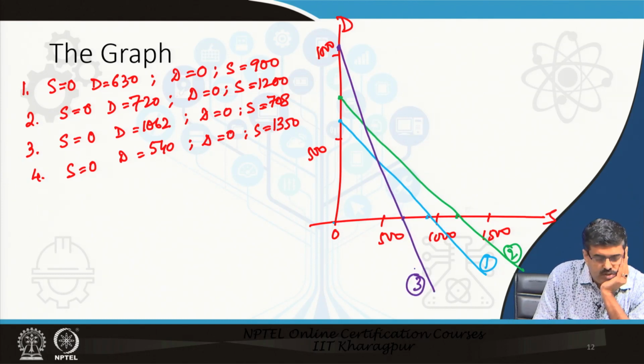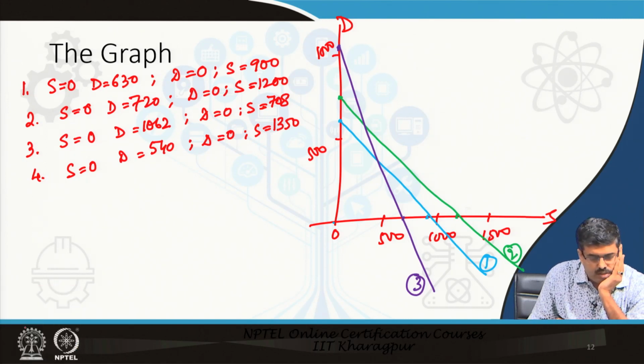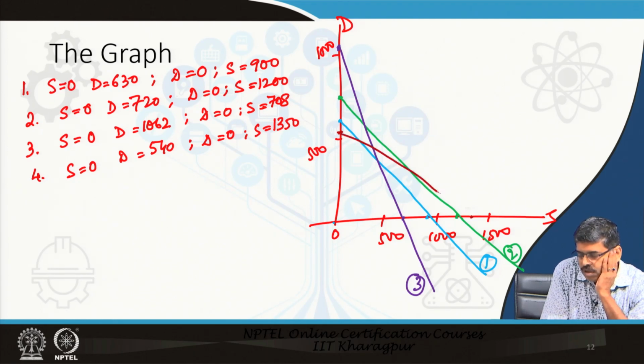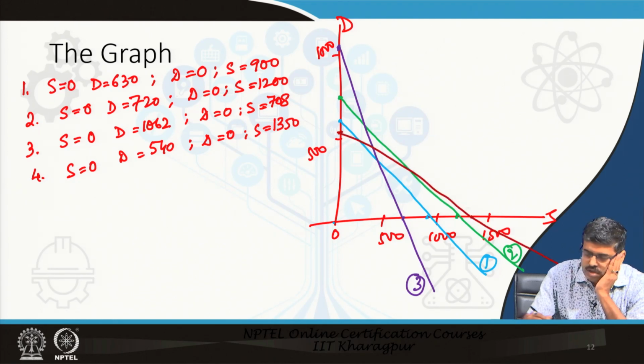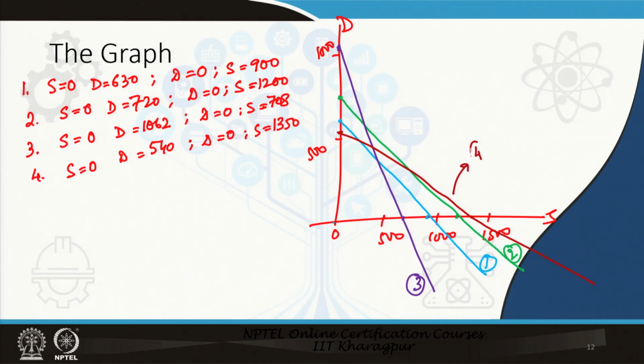This is equation 3. Then equation 4, let us use a fourth color. S is 0, D is 540 and D is 0, S is 1350. So, this one is my equation 4.